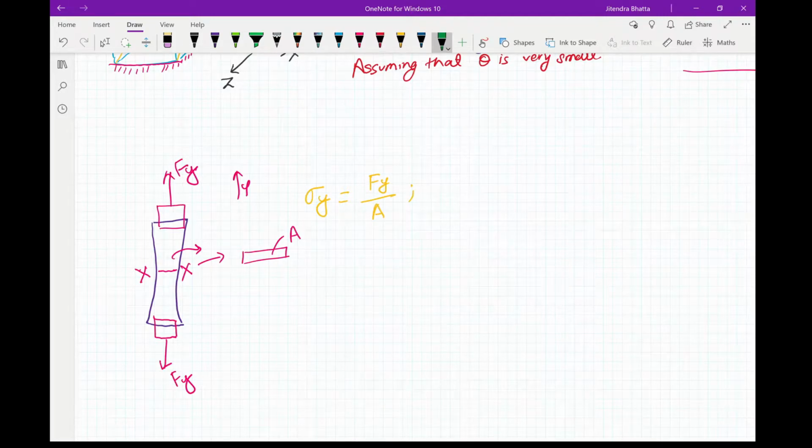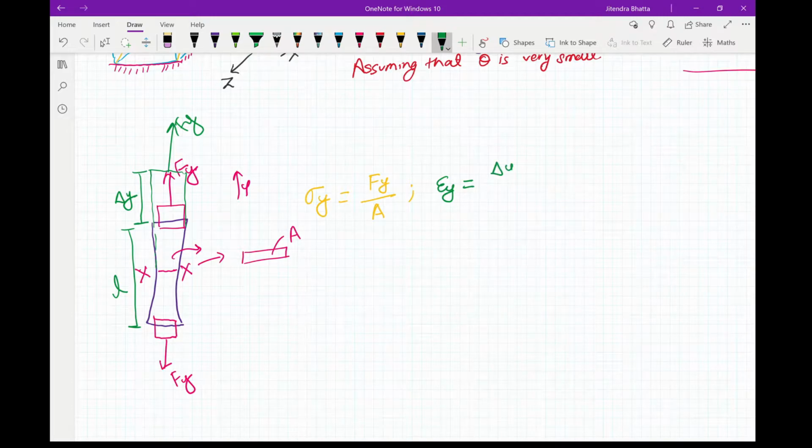And if this bar stretches like this under the applied load Fy by an amount delta y, and let's say this is our initial length L, then our strain in the y direction will be given by delta y by L. So in this way, in the lab, we can test any specimen and obtain our stress and strain.